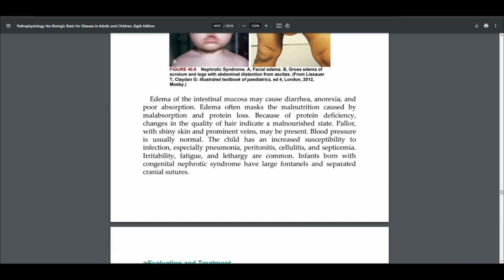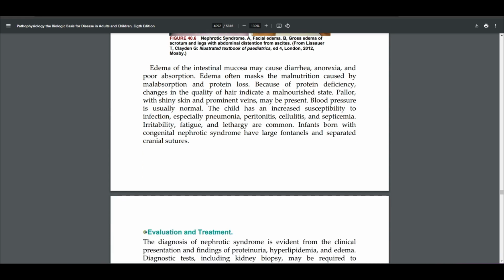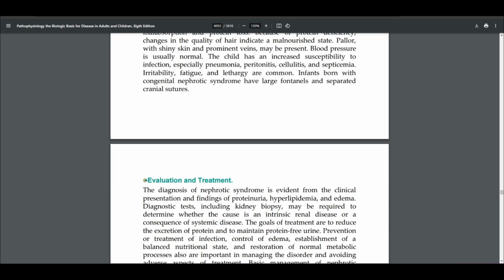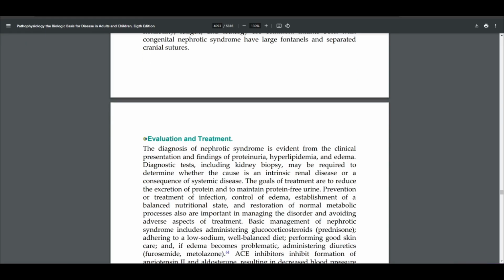Blood pressure is usually normal. The child has an increased susceptibility to infection, especially pneumonia, peritonitis, cellulitis, and septicemia. Irritability, fatigue, and lethargy are common. Infants born with congenital nephrotic syndrome have large fontanelles and separate cranial structures.